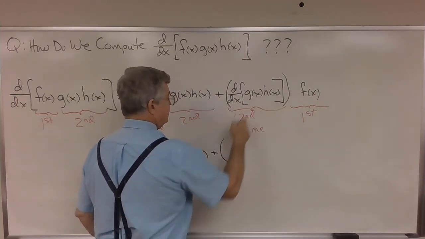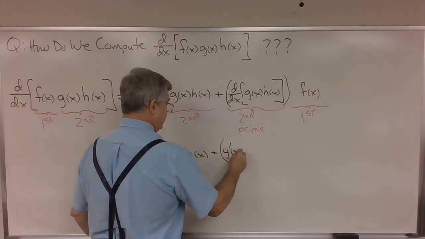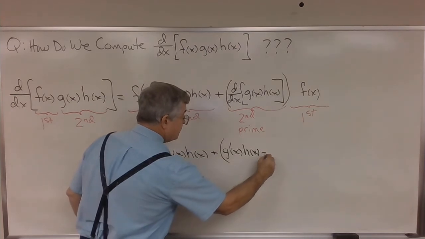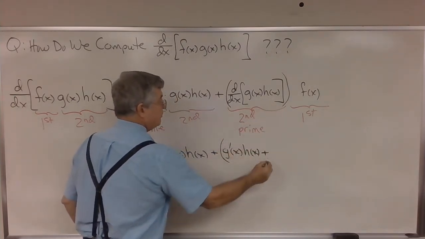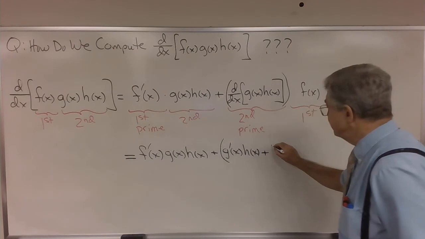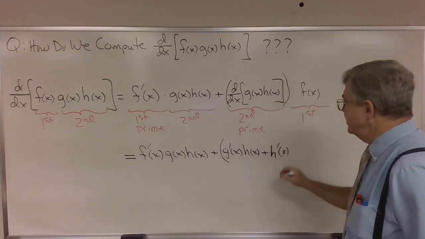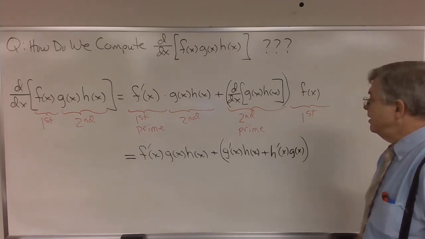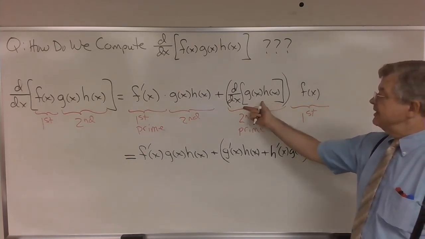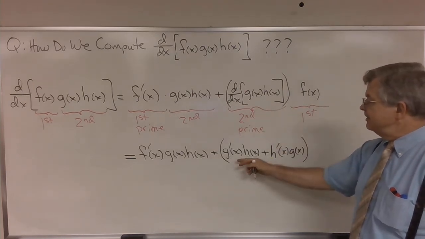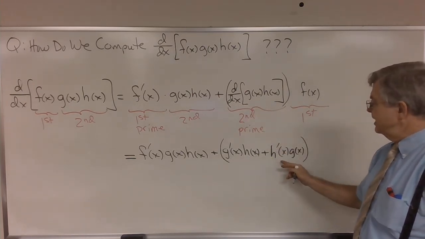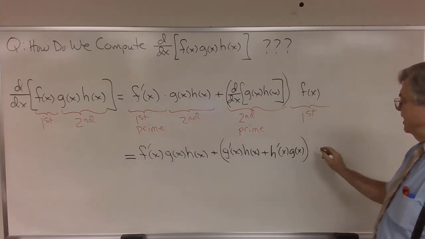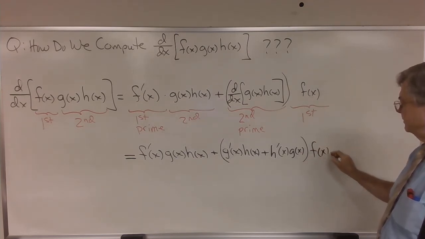So we should get first prime times the second plus second prime times the first. Okay, I just computed this derivative explicitly in terms of g's and h's and g primes and h primes. And I just got to make sure I don't forget this guy on the end here, times f of x.